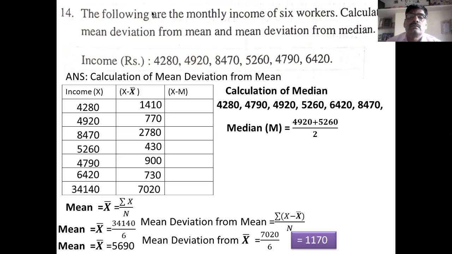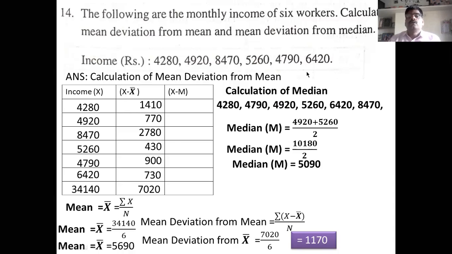Middle 2 values are these, because this is an even number problem. So median is equal to 10,180 divided by 2, which is 5,090. 5,090 is the median.